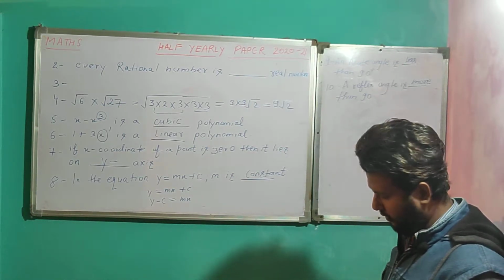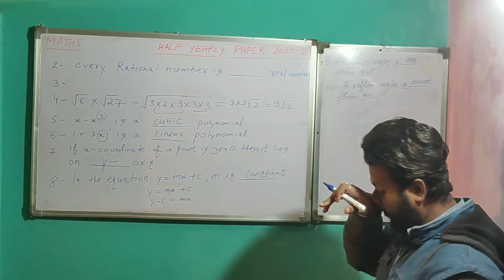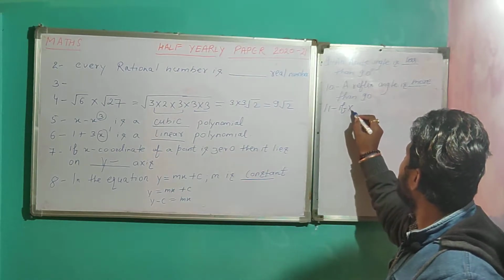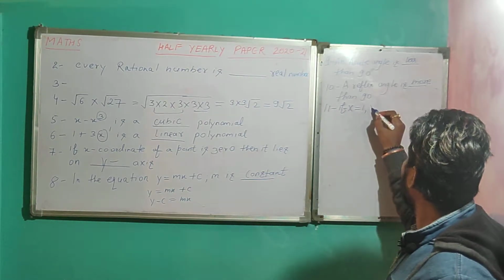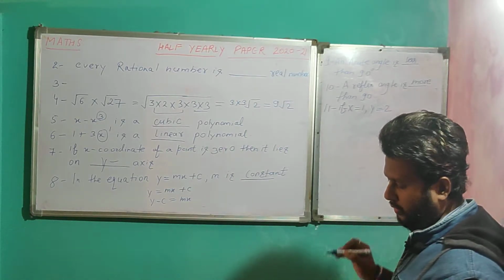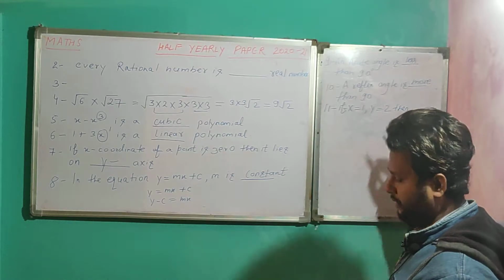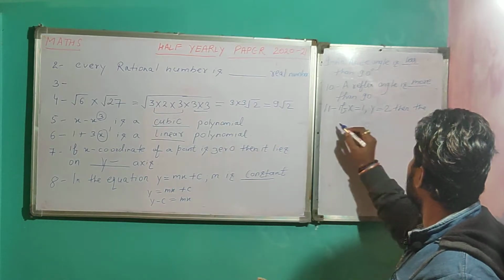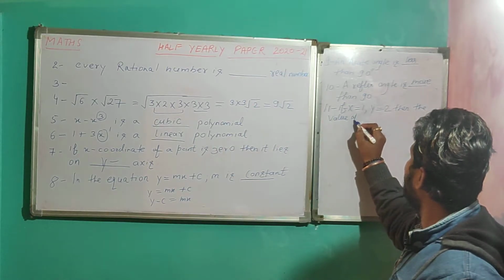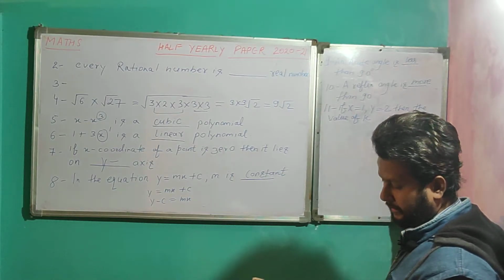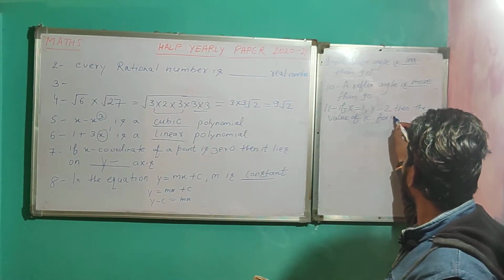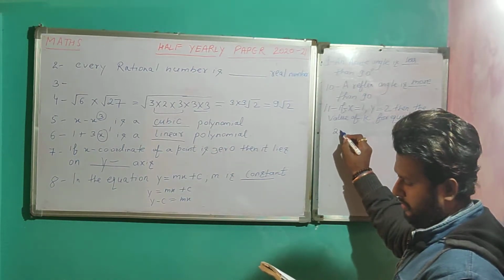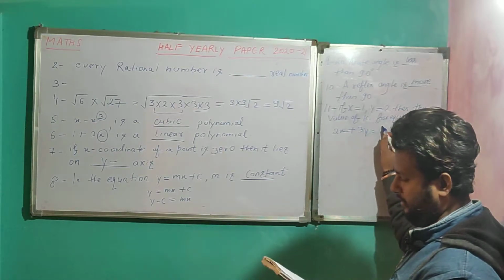Next question is question number 11. If x is equal to 1, y is equal to 2, then the value of k for the equation 2x plus 3y is equal to k.